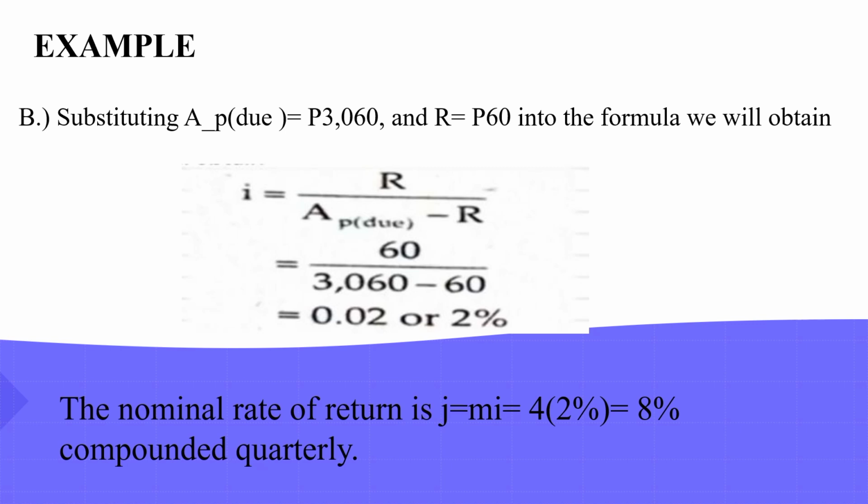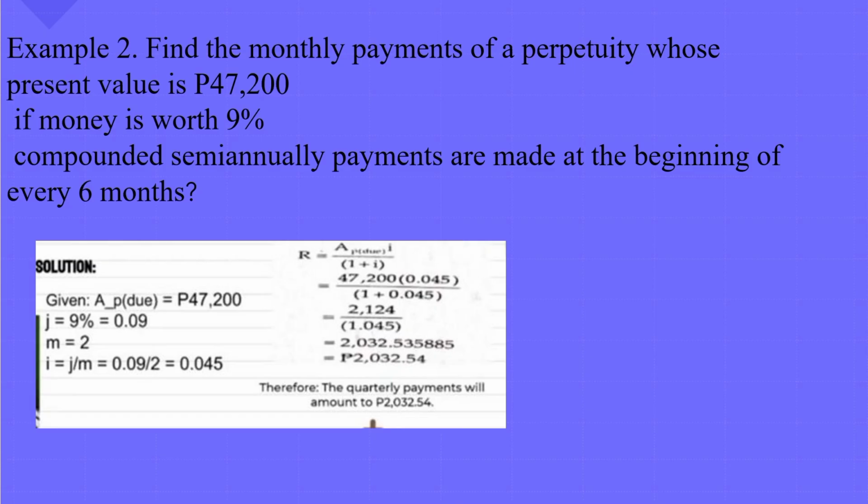So the total is 0.02 or 2%. So the nominal rate of return is j equals m times i, equals 4 times 2% equals 8%, or 8% compounded quarterly.